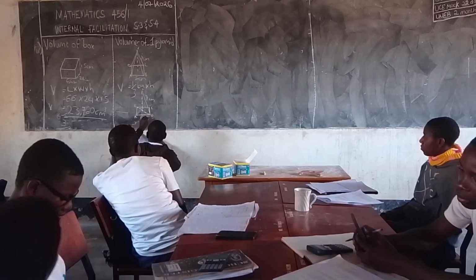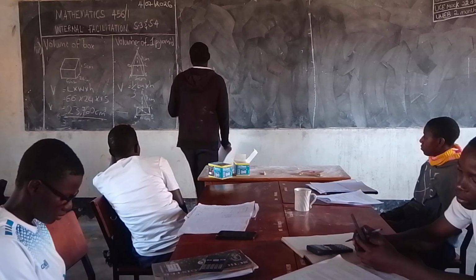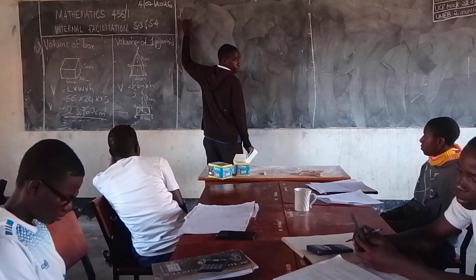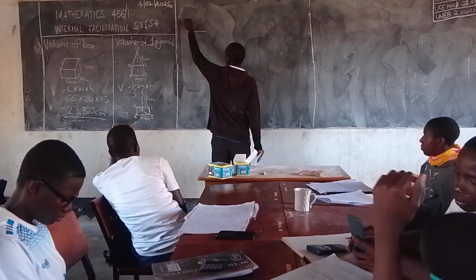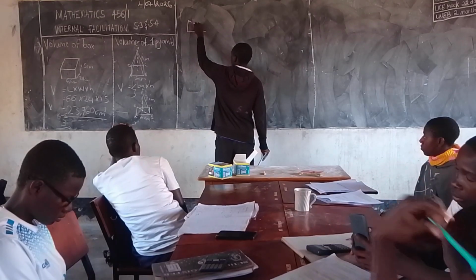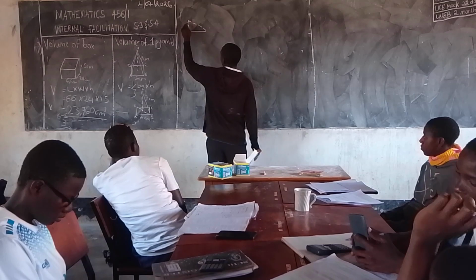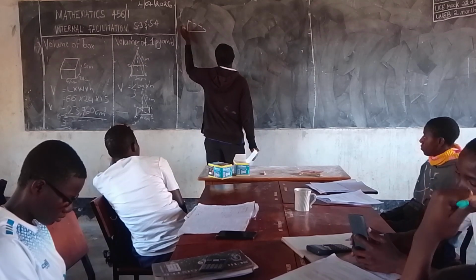Can you extract that triangle the way it is lying? Can you make 90 degrees?